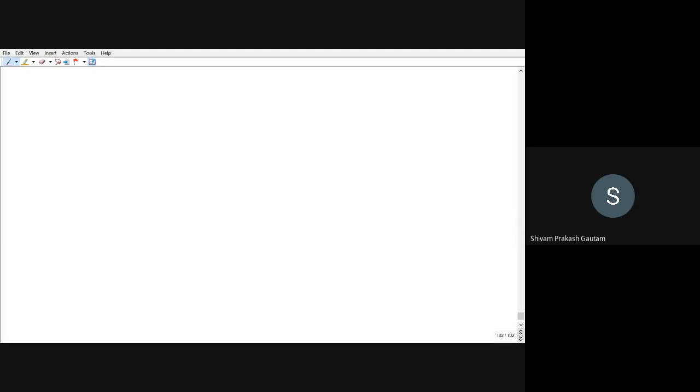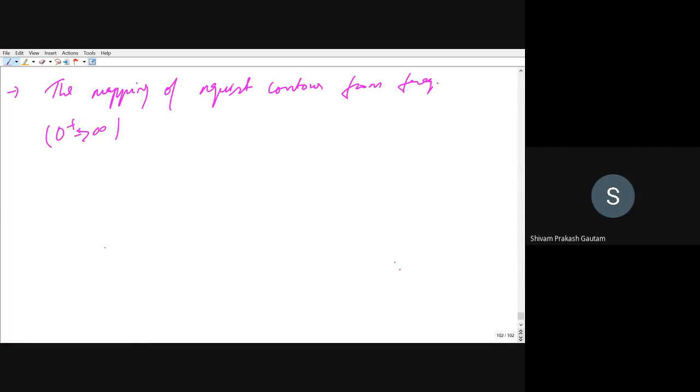Now we will see how to map the three parts that we have seen. The mapping of the Nyquist contour from frequency 0 plus to plus infinity, from the S plane to the GH plane, is the polar plot.